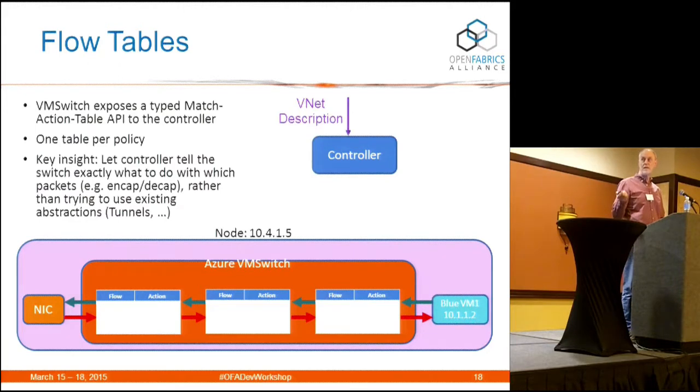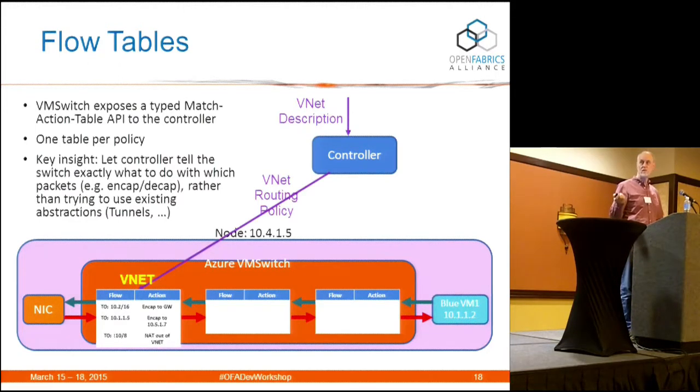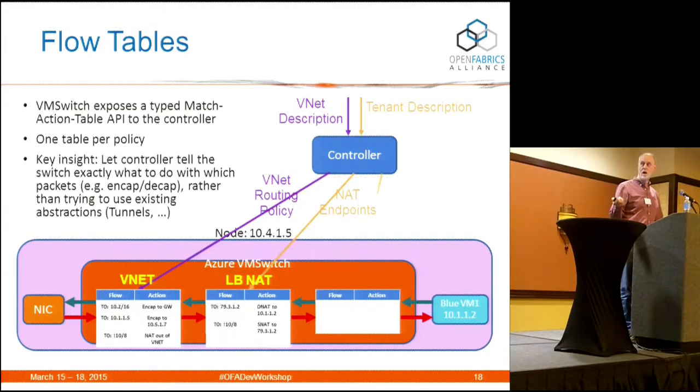And so it does that by taking a VNet description, a virtual network description, to instantiate a routing policy. And the routing policy basically encapsulates packets, right, and tells the switch where to send, what NIC and what destination to send it to. But more than that, a tenant description also controls two other very important things: ACLs, basically a firewall rule, and NAT endpoints, this load balancing NAT.